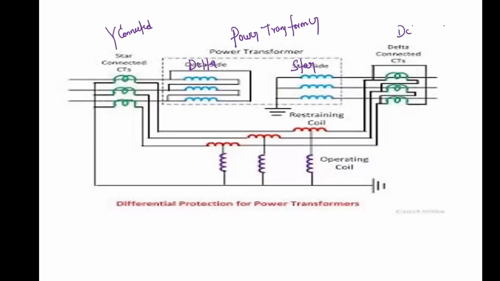In this way you connect the sequence, then there is no phase angle error in the CTs. So again, you have to connect the CTs for the differential protection of the transformer in the opposite sequence. If your power transformer connection is delta-star, your CT connection is star-delta.